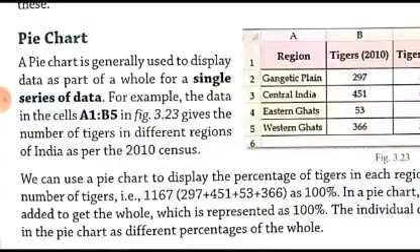So for every single series of data we can have a separate pie chart. Here, for every particular year we can draw a separate pie chart where each region will be shown by the percentage of tigers it has with respect to the total number of tigers. The percentage of tigers in every region will be shown as a shaded portion of the pie chart.